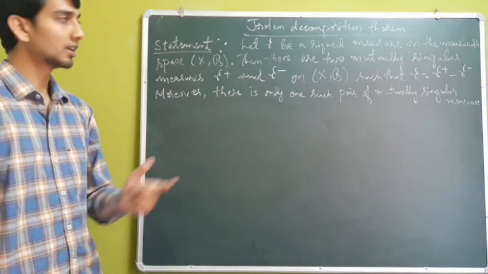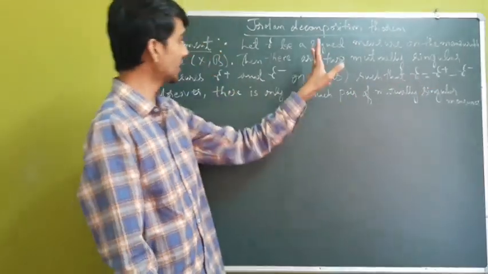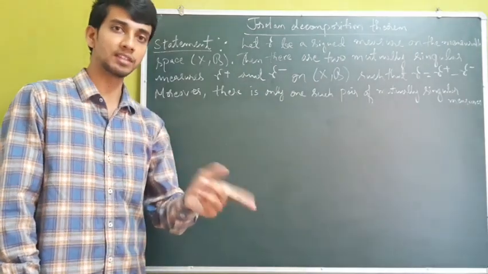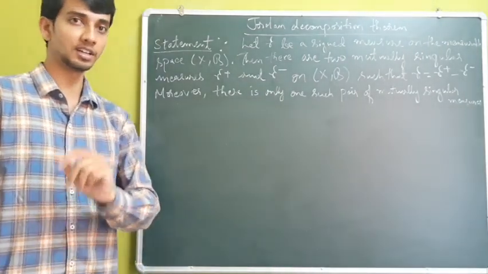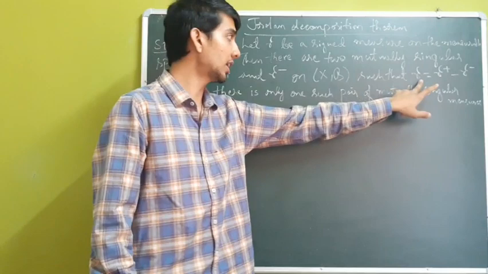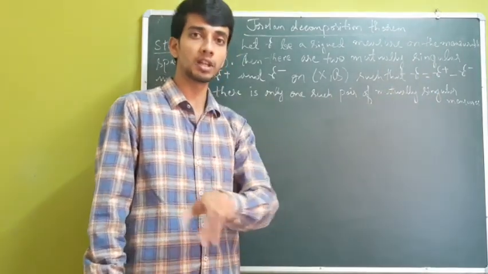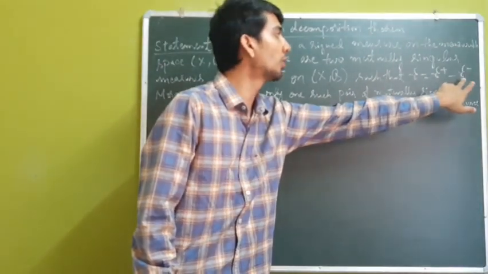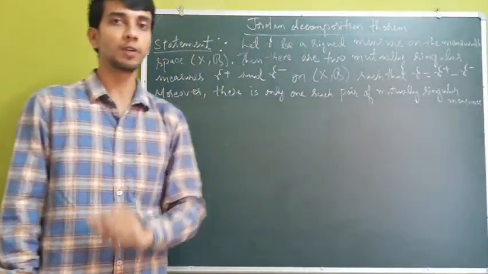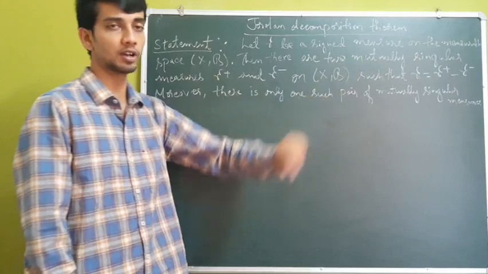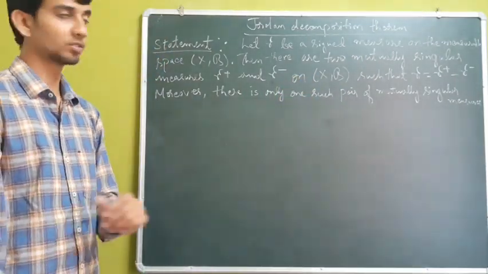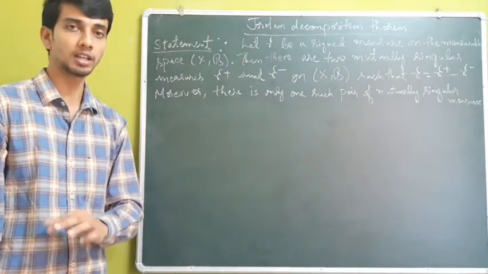Also note that since gamma is a signed measure, gamma assumes at most one of the values plus infinity or minus infinity. That is the definition. So as gamma assumes at most one of the values plus or minus infinity, either the positive part or the negative part must be finite. So this is what we mean by the Jordan decomposition.